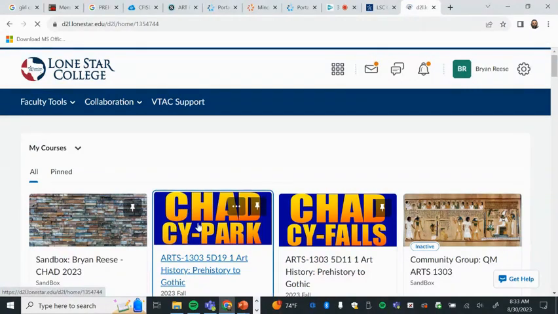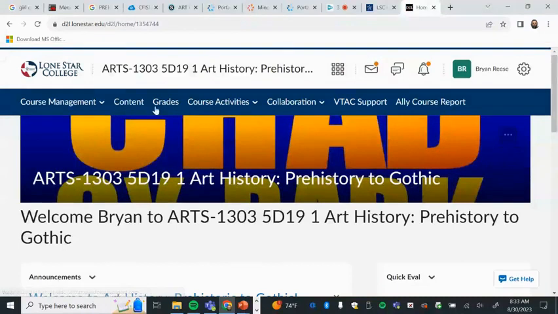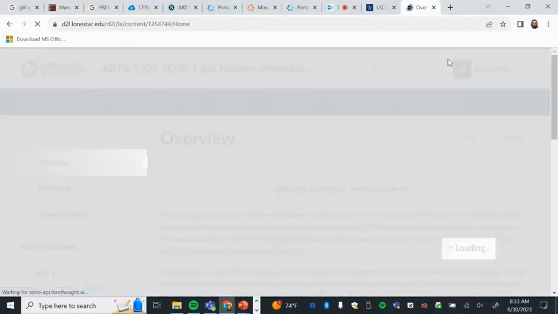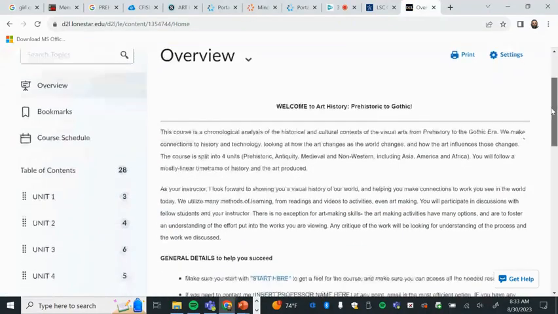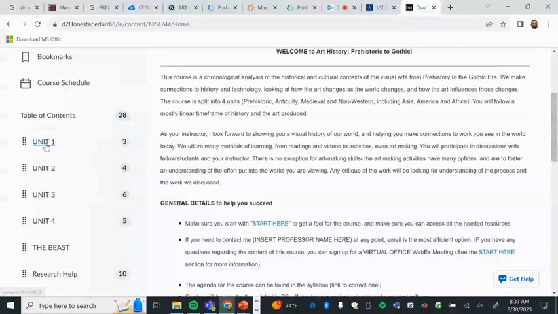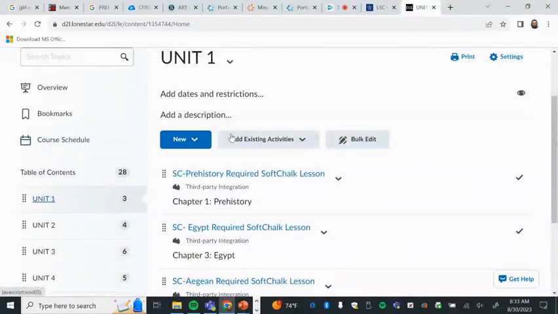So you click on that, and you're going to go to content, and that is going to be where the assignments are. Then if you look at unit one, this one right here is the soft chalk.